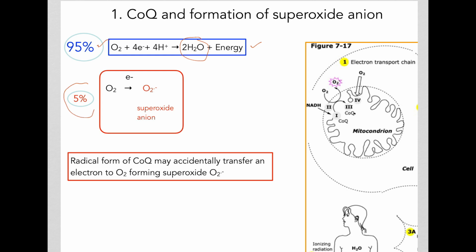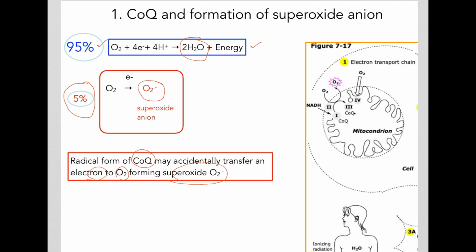About 4 to 5% of the oxygen actually produces superoxide, and that happens, for example, at coenzyme Q. Coenzyme Q may accidentally transfer an electron to oxygen, and that will form superoxide.